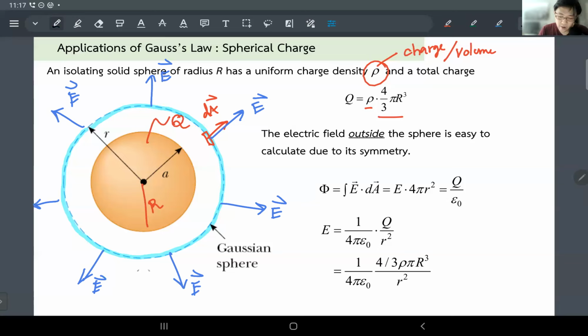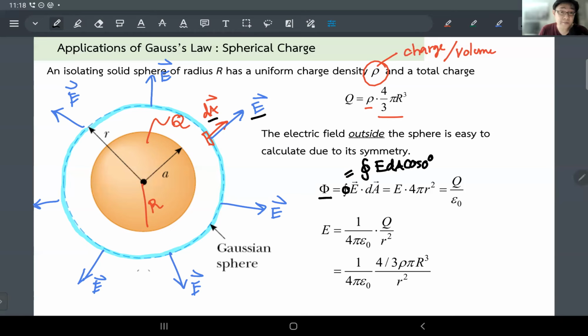And once you have that, once again you have the case where E and dA are pointing in the same direction. Let's start doing the flux calculation. Flux is the integral of E dot dA over a closed surface. That's your Gaussian sphere, which is closed. So this equals E dA, with cosine 0.